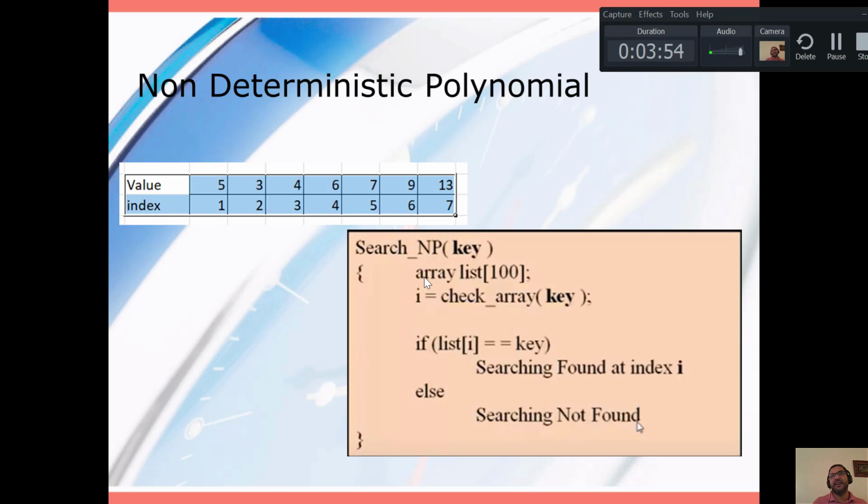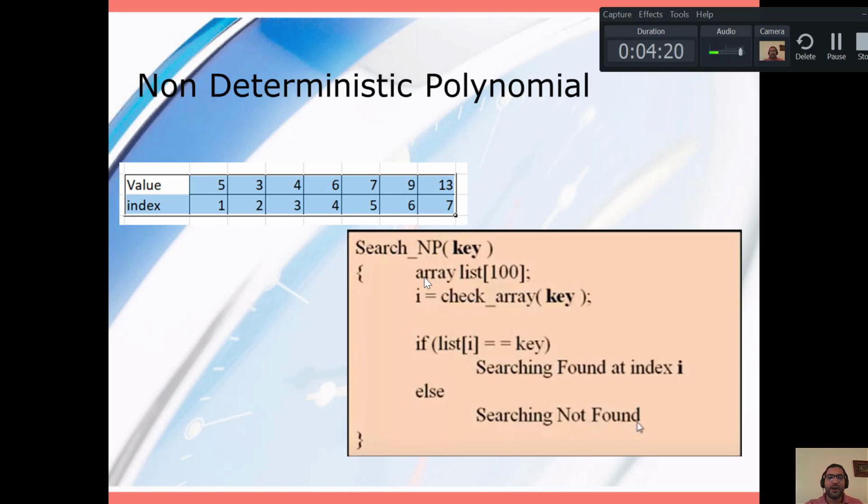Let's, for simplicity, consider that I want to find an element in this array. We know by heart that I can do it in n time, but I want to find it in O of 1, a constant time. So from the first iteration itself, I don't need to traverse the whole array. In the first element itself, I get the solution.